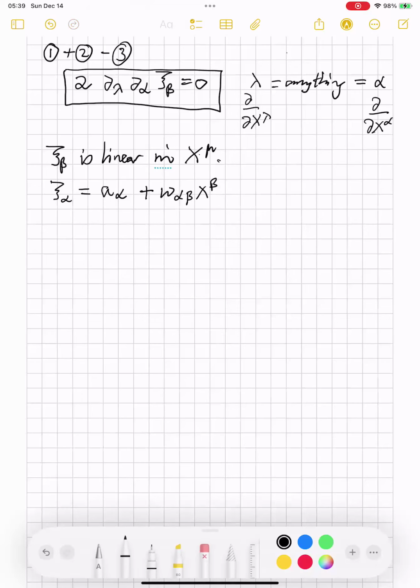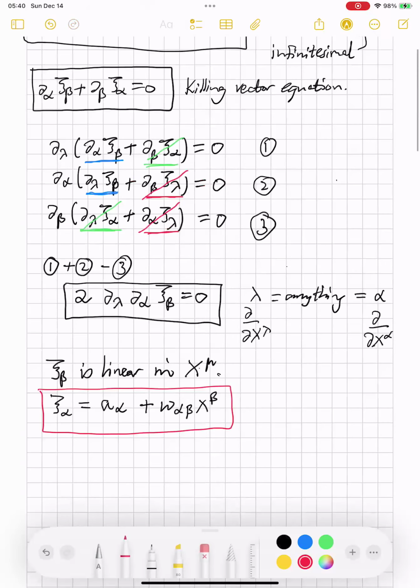I wrote down this equation in the red box because of the equation in the black box. The equation in the black box forces the equation in the red box: ζ must be linear in x. And now I don't know what these coefficients A_α and ω_αβ are, but what I can do is take this Killing vector and plug it into the Killing vector equation.